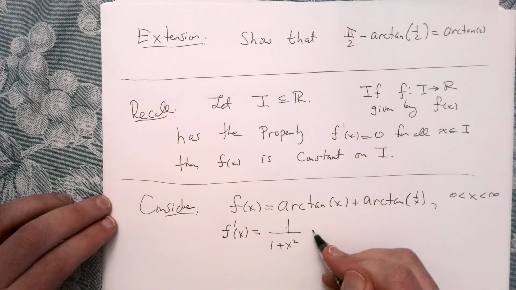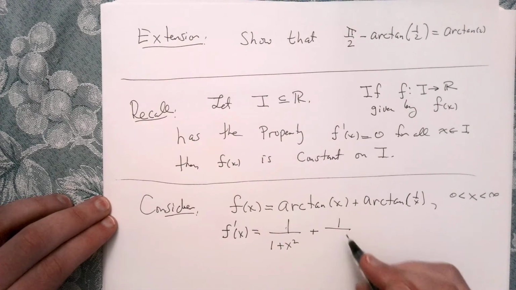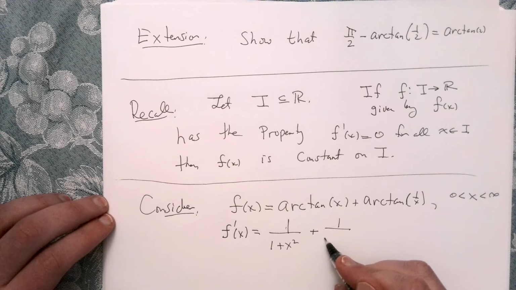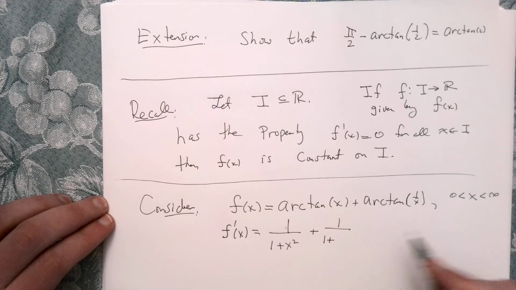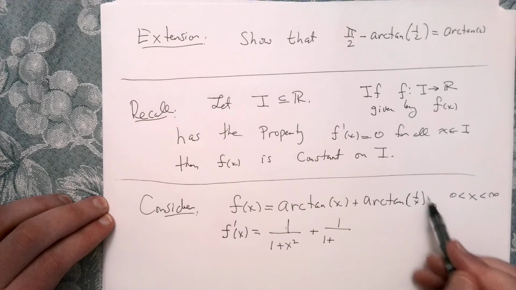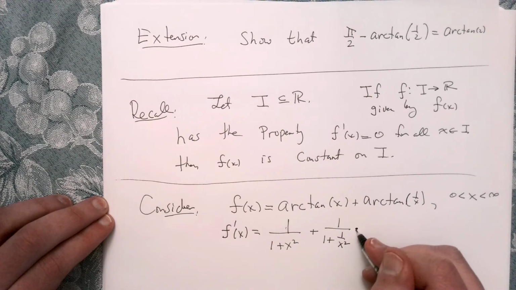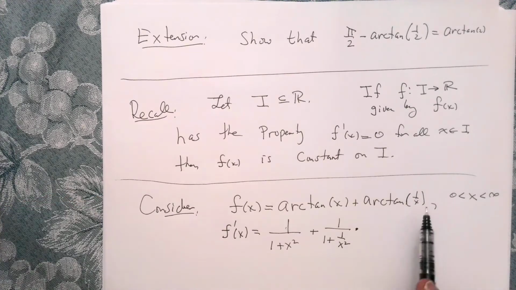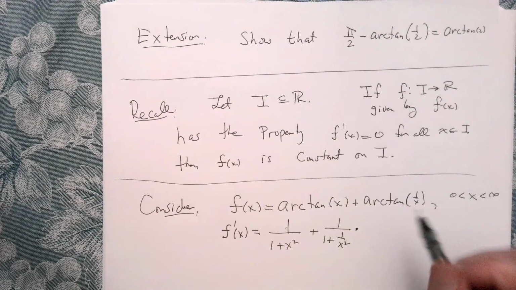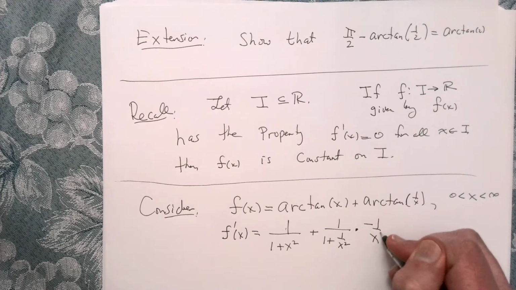And then this will be plus 1 over, now we need to use the chain rule carefully. So this will be 1 over the inside squared, times the derivative of the inside. So that'll be 1 over x squared. Now the derivative of this would be negative x to the negative 2, which is negative 1 over x squared.